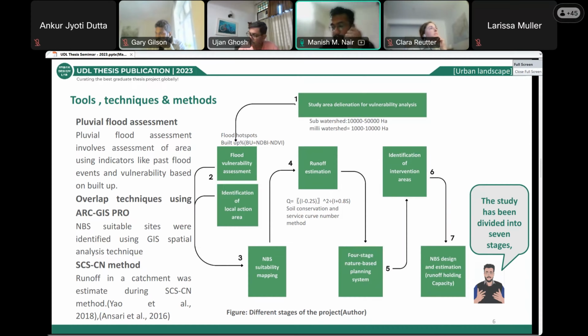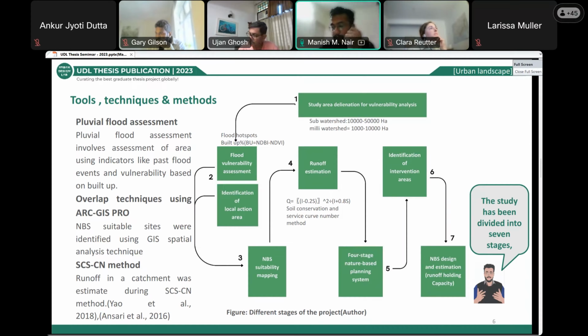At the fourth stage, the runoff was estimated to understand the inefficiency of the catchment to infiltrate the stormwater. And stages 4 to 7 are part of the second proposal, which is planned for the micro-watershed level. The runoff estimation was performed to understand the inefficiency of the watershed here.